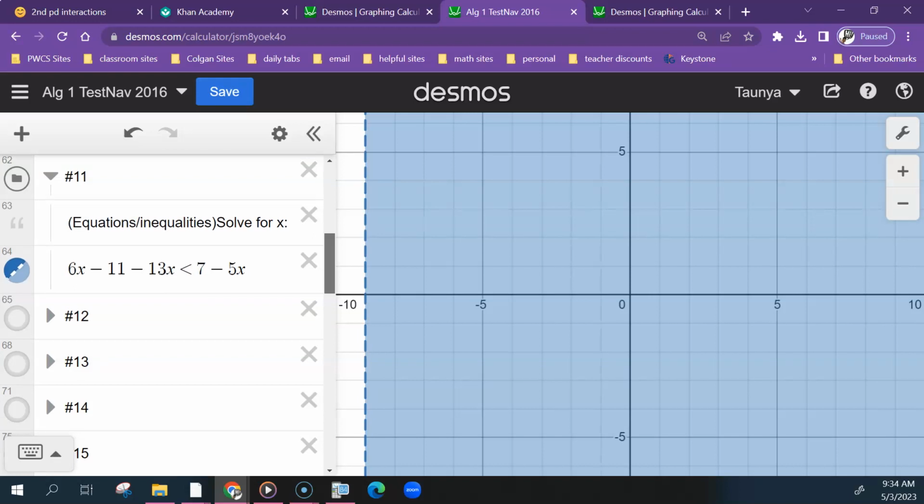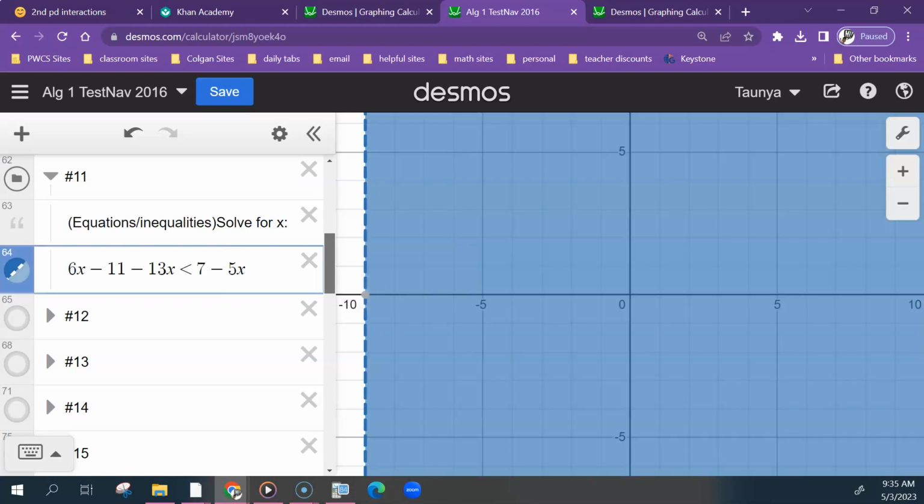So this is a dashed line, so it's going to be greater than or less than. It's to the right, so it has to be greater than. So x is greater than, and then look at where it crosses the x-axis. X is greater than -9 would be the answer you would type in the box. Okay, questions on that one?